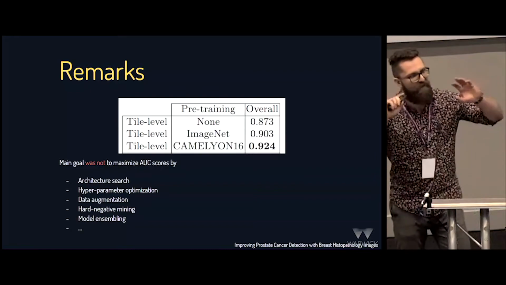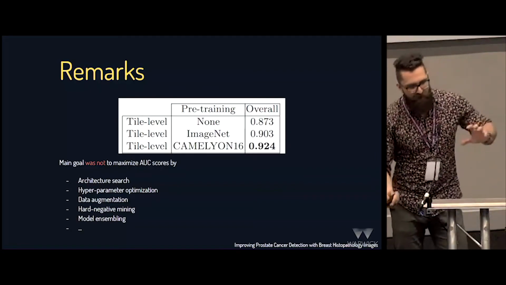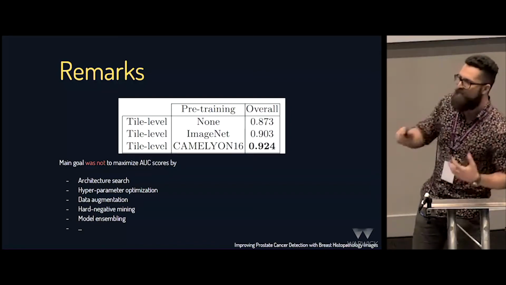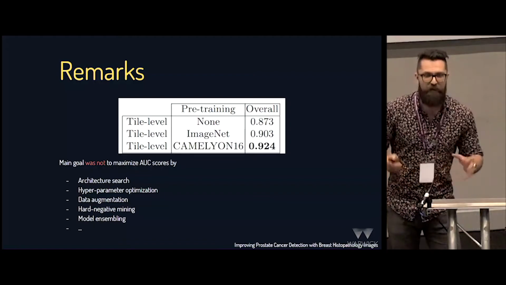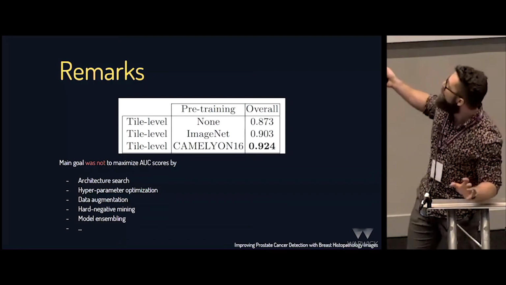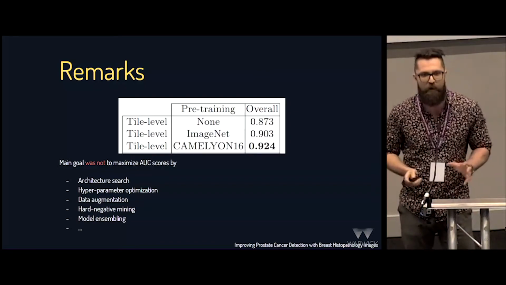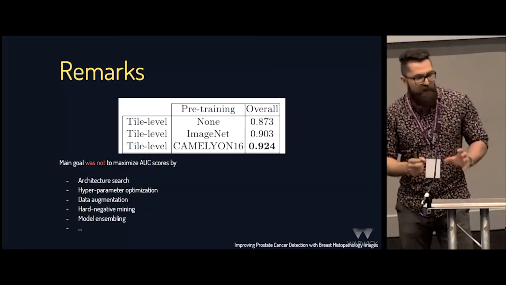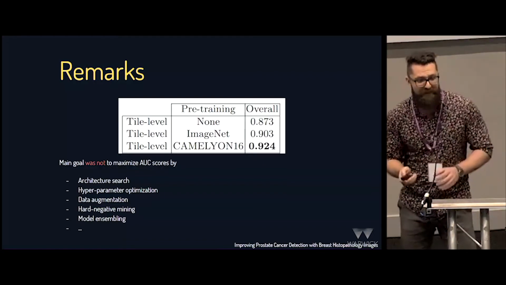You can do architecture search, hyperparameter optimization, data augmentation, hard negative mining, ensemble of models to make this closer to 1. But that's not the point. So the point is this relative difference. So this is still future work. On purpose, we wanted to isolate this effect of transfer learning from another cancer domain.